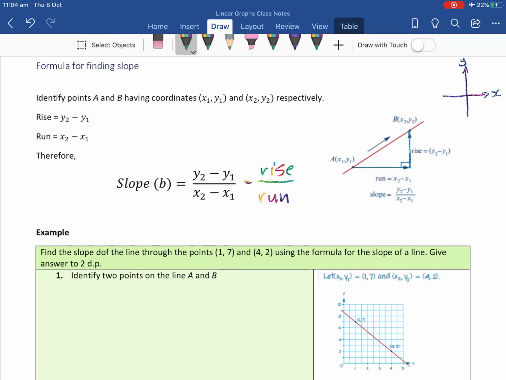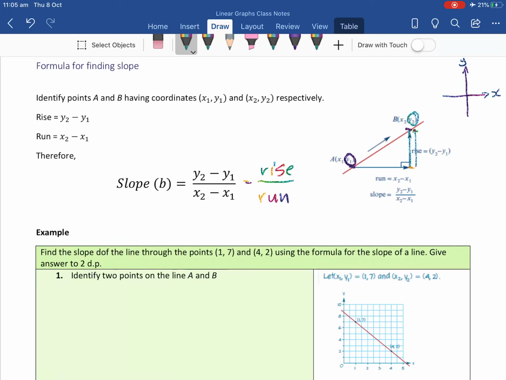So we're looking at the vertical change going from A up to where we are at B. That's where you get the y2 minus y1. We want to know the difference between here and here. So that's where you get your y2 minus y1.